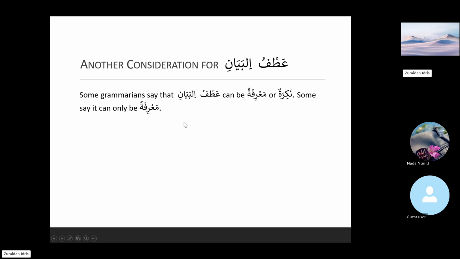There is one grammarian, I think you've heard of him, Imam Malik. Now he wrote a book called Alfiyah ibn Malik, and it's about Arabic grammar. And in that book, he says, فَقَدْ يَكُونَانِ مُنَكَّرَيْنِ كَمَا يَكُونَانِ مُعَرَّفَيْنِ.